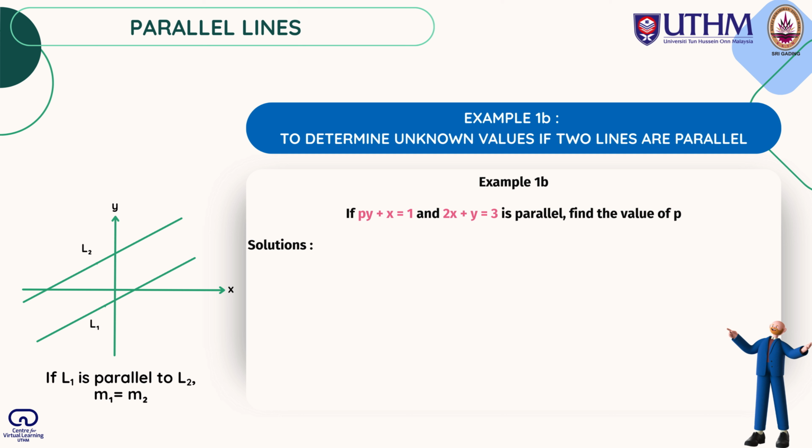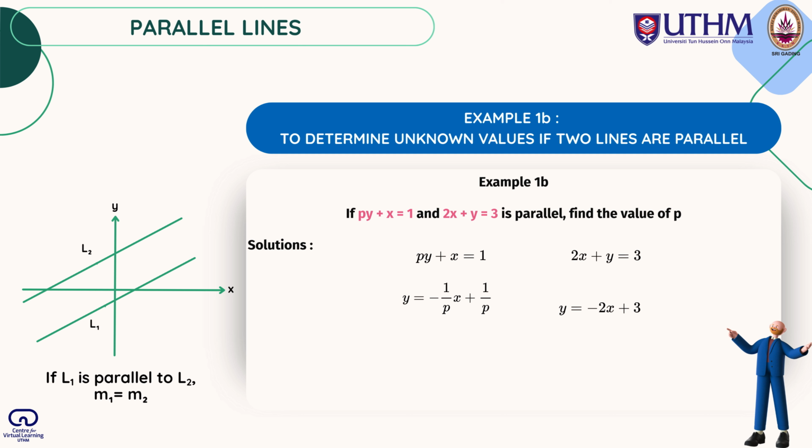Example 1b, finding the unknown in parallel lines. Now, let's solve for an unknown value using the properties of parallel lines. We are given first line, py plus x equals 1, and second line, 2x plus y equals 3. Rewriting both equations in gradient form, the first line is y equals negative 1 over p x plus 1 over p, and the second line gives us y equals negative 2x plus 3.